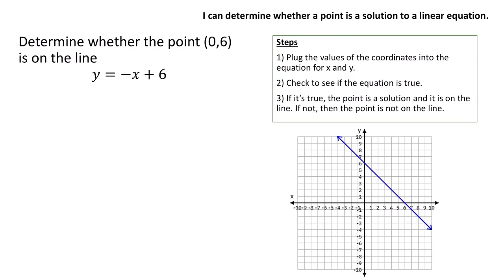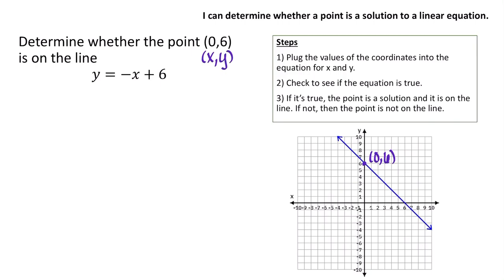So let's determine whether the point (0, 6) is on the line y = -x + 6. In this case, we're given the graph of the line, so you can go to the graph and find (0, 6), and you can see that this point is in fact on the line. But I'm going to show you how to verify this algebraically. Remember that (0, 6) tells you an x value and a y value.